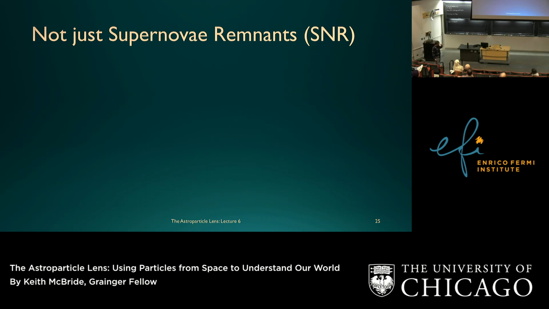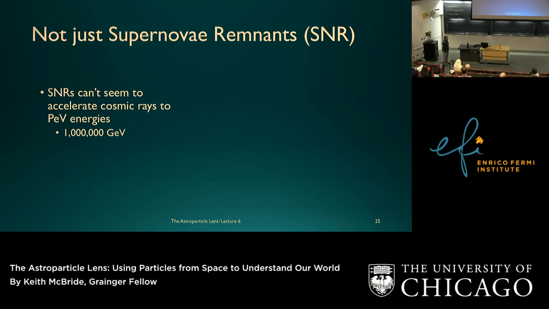So, going back to the idea that supernova remnants accelerate cosmic rays, what's an active area of research nowadays is that it's probably not just supernova remnants. They can't seem to give us cosmic rays that reach the energies, the PeV energies that we measure, or that we've detected above the atmosphere. Remember that PeV scale is 1 million giga-electron volts.